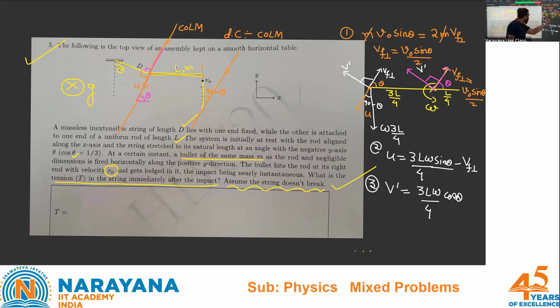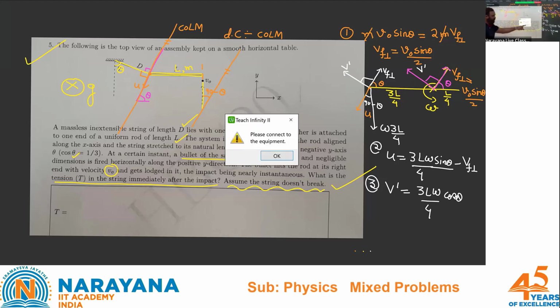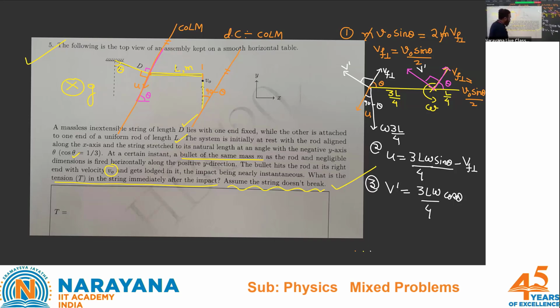So the second component should balance that term, because this point cannot have any velocity along the length of the string. Still, we are stuck with these values. I need one more, and that will come from conservation of angular momentum.